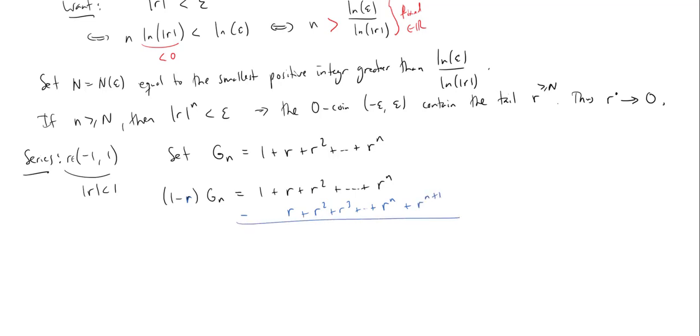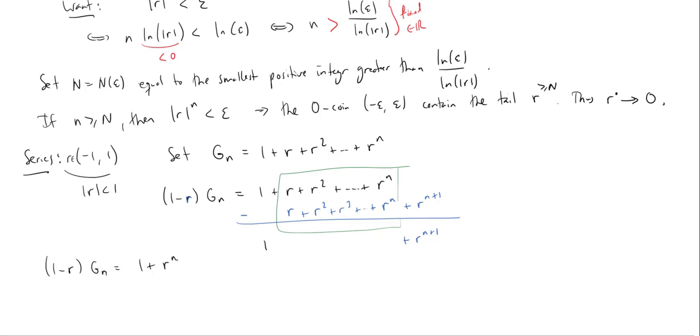And when I subtract, all of the terms in the middle cancel. They're all going away, and the only thing I'm left with is 1 minus r to the n plus 1. Well, where does that get us? Let's recopy this: 1 minus r times g sub n is equal to 1 minus r to the n plus 1.